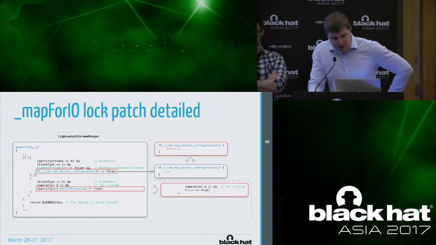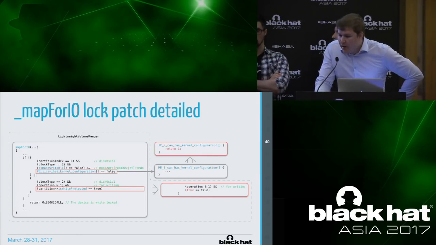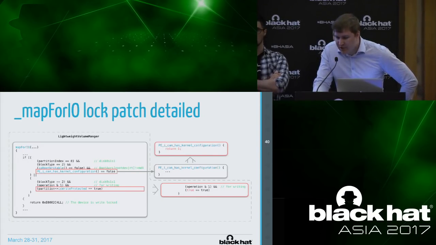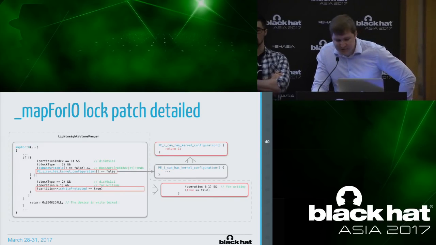Here you can see two checks inside the map for IO function. First, the call to PE_i_can_has_kernel_configuration. You can patch it in different ways. For example, you can patch just the GOT inside the lightweight volume manager, or you can force it to return 1 in the PE_i_can_has_kernel_configuration function itself.